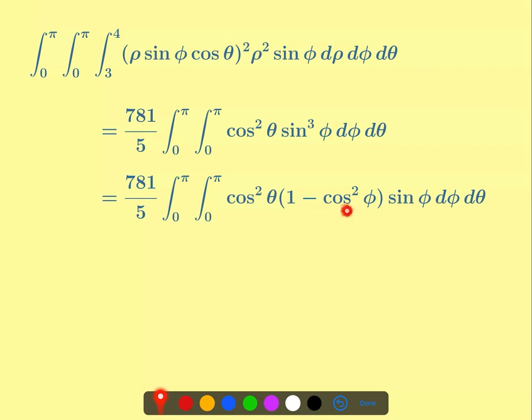When I integrate minus cosine squared phi sine phi, well, think in terms of a u substitution. U equals cosine of phi. This will be u squared. U is cosine phi. Du will be minus sine phi d phi. So when I'm integrating this, it's really just going to be u squared du. So I'm going to get u cubed over 3, or cosine cubed phi over 3.